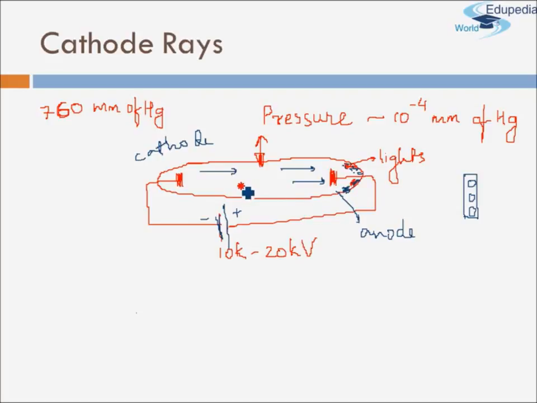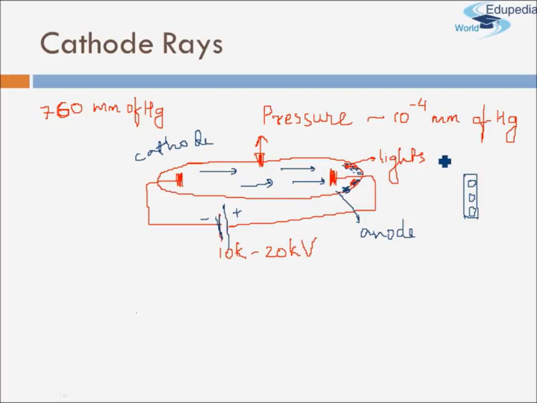which means that there were some kind of rays, or something, going from cathode towards anode, because there was no light on this side, but there was light on this side. What is happening over here is that this whole part is dark and this part has light.